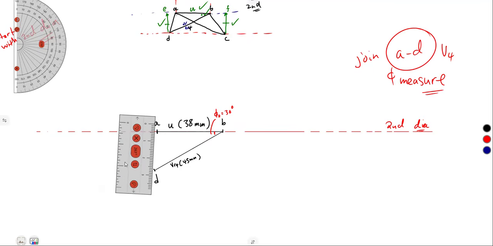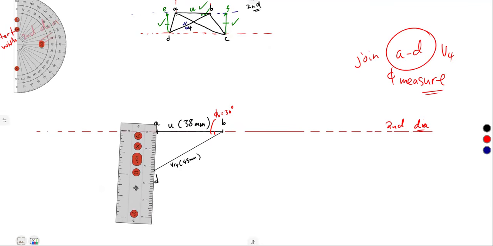Approximately something like this, A to D, and you measure it after joining. That was actually the concept behind this diagram that we are given. If we were to measure this, A to D, it was going to be 2, 3, 2,3 centimeters.